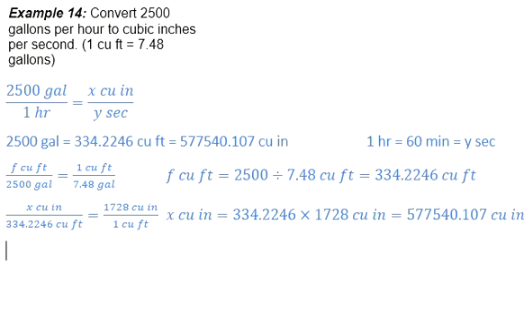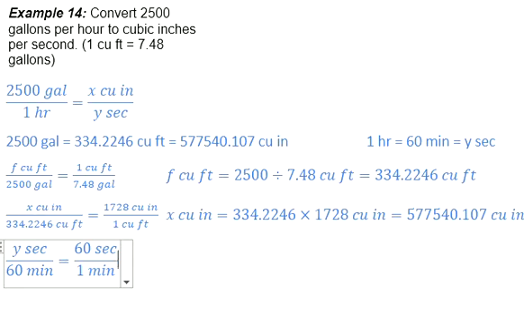I have y seconds, fraction, for 60 minutes. And I know that there are 60 seconds in 1 minute. Multiply both sides by the 60 minutes.